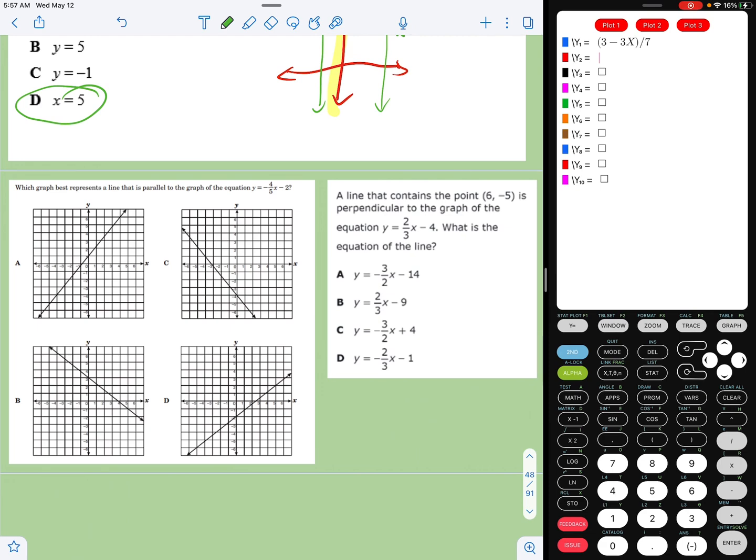Which graph best represents a line that is parallel to the graph of the equation y equals -4/5x minus 2? All right. Well, one thing's for sure. We can plug in y equals (-4/5)x minus 2.